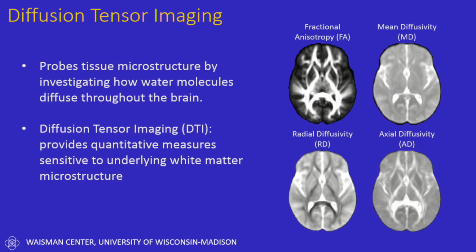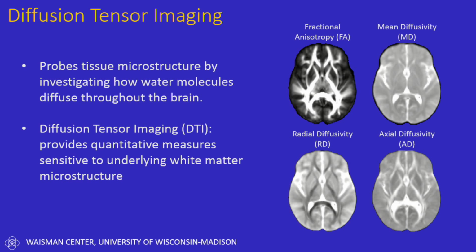One such technique, which those familiar with imaging might have heard of, is called diffusion tensor imaging. This technique probes the tissue microstructure by investigating how water diffuses throughout the brain. The nice thing about DTI, or diffusion tensor imaging, is that it provides quantitative imaging measures that reflect the underlying microstructure.